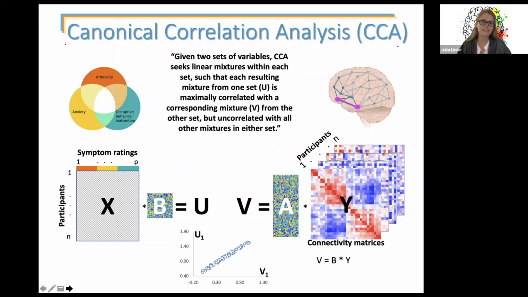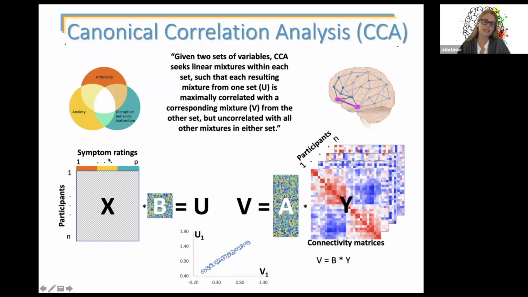Now, while CCA has been around for quite some time, it's only fairly recent that it's becoming more and more popular in the field of clinical neuroscience and psychiatry. And that's because by its design, it holds the promise of actually being able to deliver clear brain behavior associations. And why is that so?